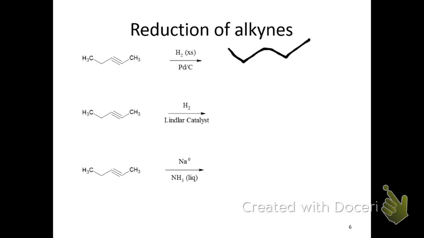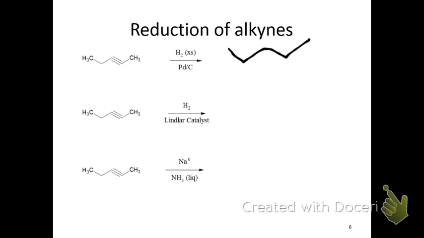Do notice next to the H2 I have excess written in parentheses. And palladium over carbon is just a typical catalyst for doing a reduction. You saw the same catalyst used in the case of alkenes. Example number 2 uses hydrogen and something referred to as Lindlar catalyst. Now, Lindlar catalyst is a variation on the regular metal catalyst.